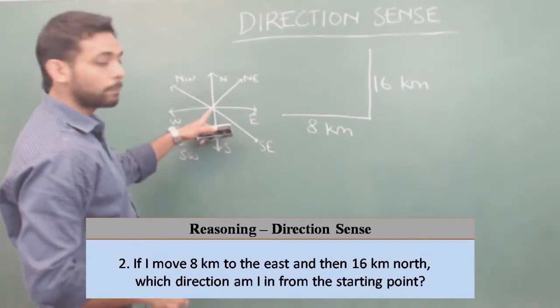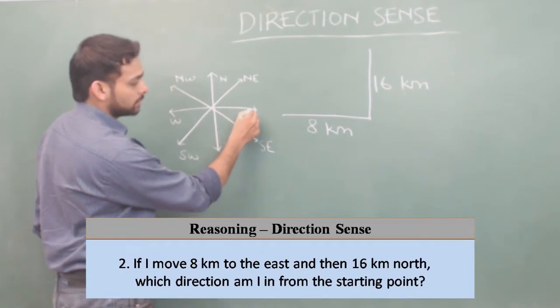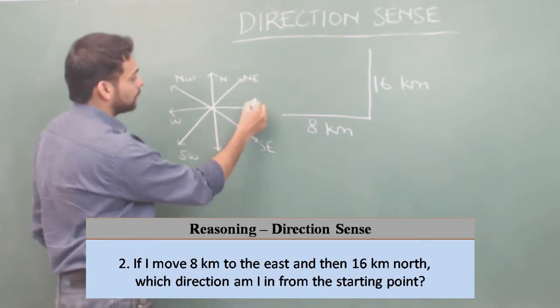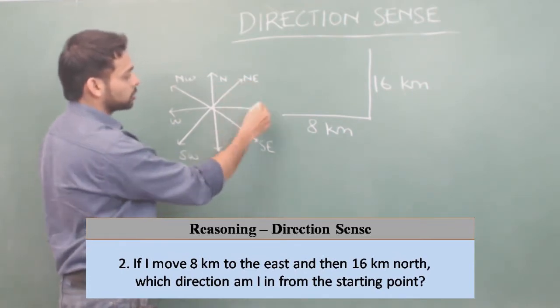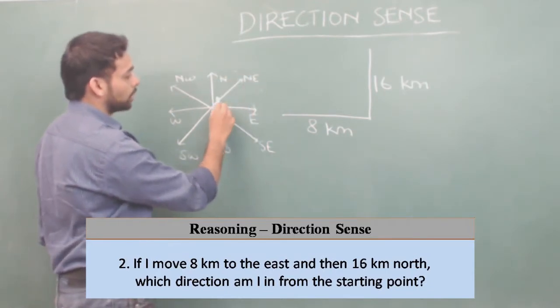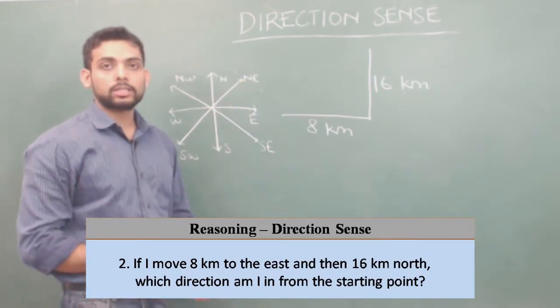So I started from a point and I moved east, then I changed direction and I moved north. Okay, so I am in this quadrant, which is represented by the northeast.